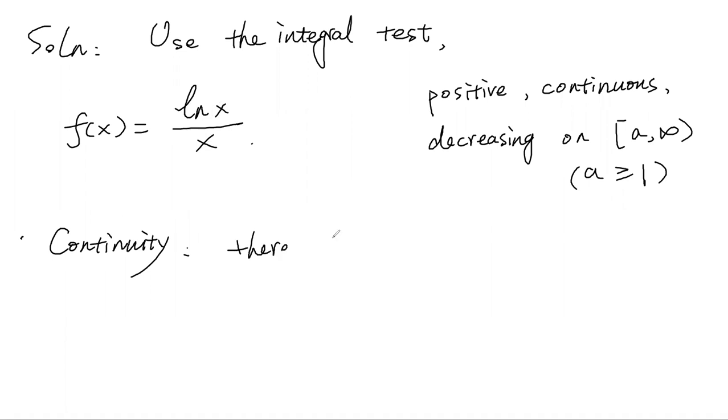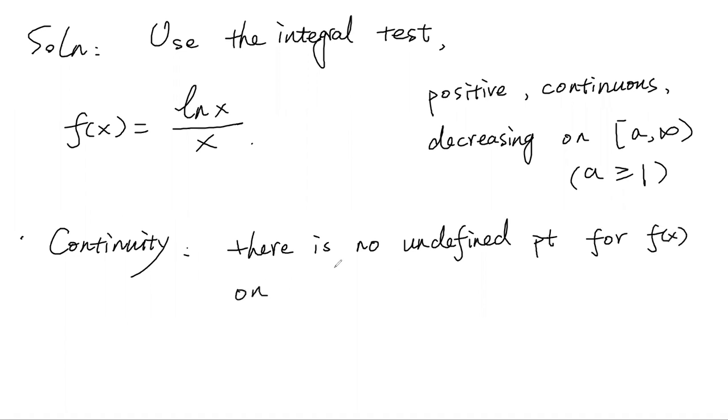You can say there are no undefined points for f of x on the interval a to infinity, where a is greater than or equal to 1. And both functions are continuous, so it's continuous.